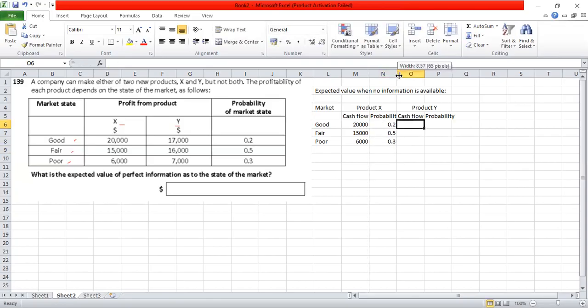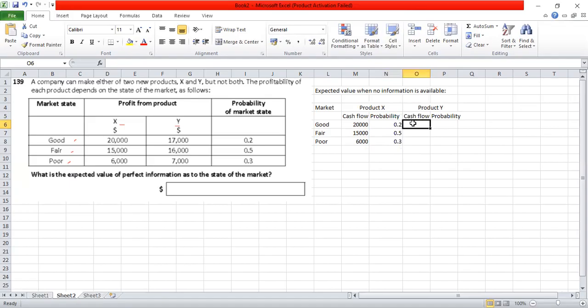For product Y, the cash flows are 17,000, 16,000, 7,000. The probabilities are again the same, 0.2, 0.5, 0.3.